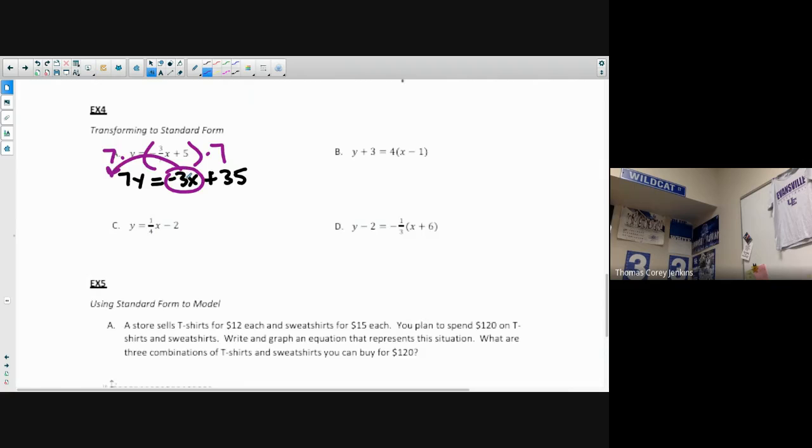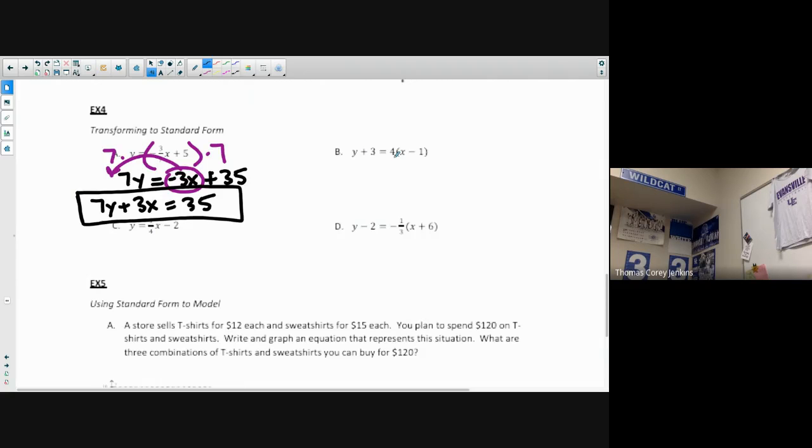So if it's -3x over here, it's plus 3x over there. So you could say 7y plus 3x, or vice versa, 3x plus 7y equals 35. That's kind of tough, but nothing super important as far as what you're going to be tested on.